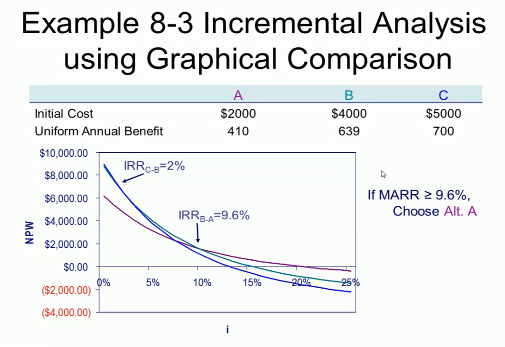Again, to remind you what it is, and I discussed it in previous lectures, but to revisit for completeness of information: the minimum attractive rate of return is a specific interest rate which a company sets for itself. It wants to achieve this rate of return to satisfy some internal goals, maybe to have some growth of its capital, whether it's investing the capital that it has in different projects.